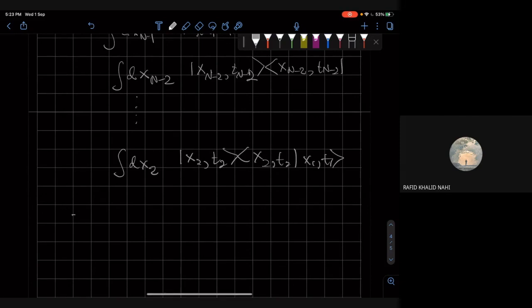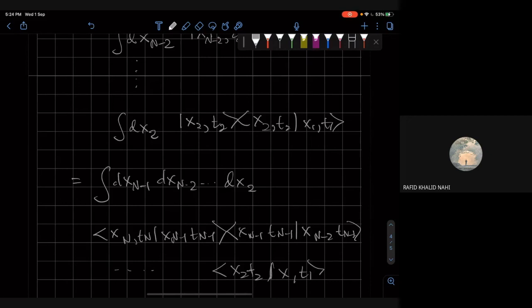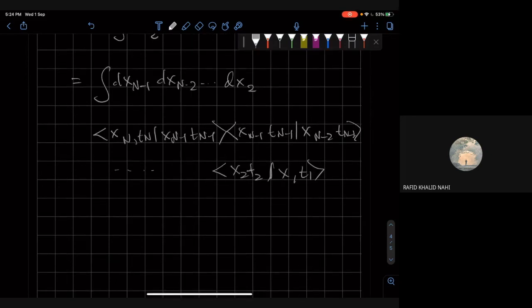So we can rewrite this as the integral over dx n minus 1, dx n minus 2, and then we have the bra of xn Tn, x n minus 1 Tn minus 1, x n minus 1 Tn minus 1, x n minus 2 Tn minus 2, and so on, down to x2 T2, x1 T1. Okay? Is this clear?